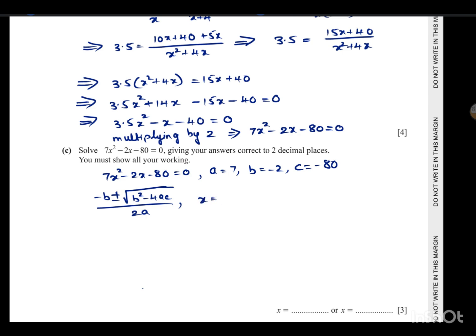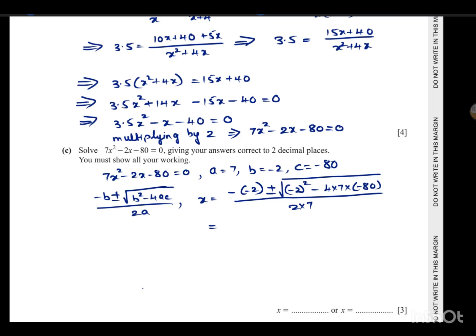X is equal to minus of minus 2 plus or minus square root of b square minus 4 into 7 into minus 80 by 2 into 7.